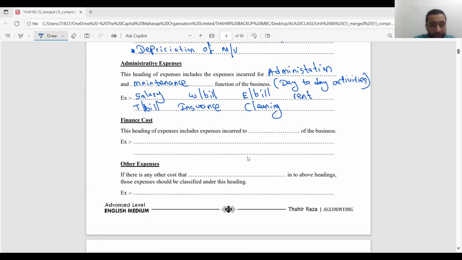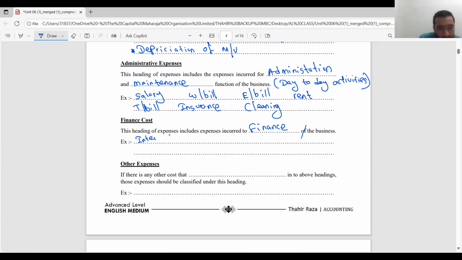Next one, finance expenses. This heading of expenses includes expenses incurred to finance the business. What are the examples? This is all related to money, right? Related to bank.